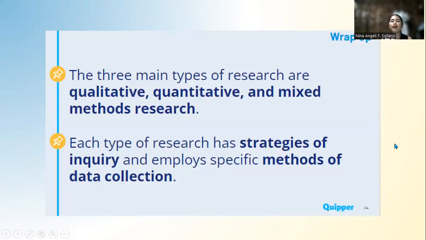So let's wrap up everything. We have three main types or techniques of research. First is qualitative, quantitative, and mixed methods research or quali-quanti. So each type of research has strategies of inquiry and employs specific methods of data collection.